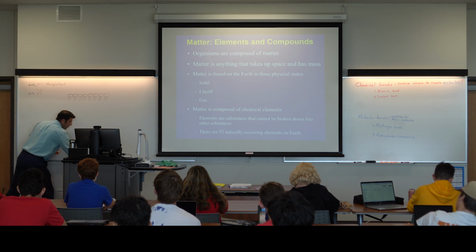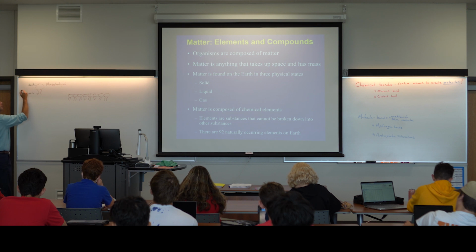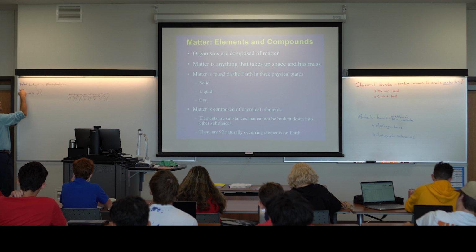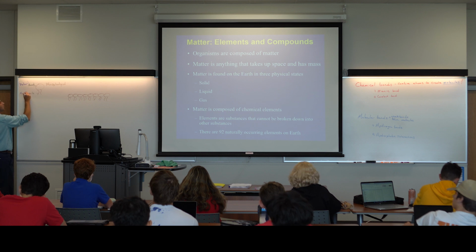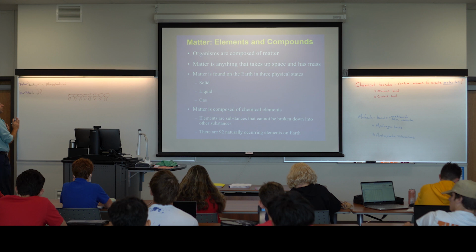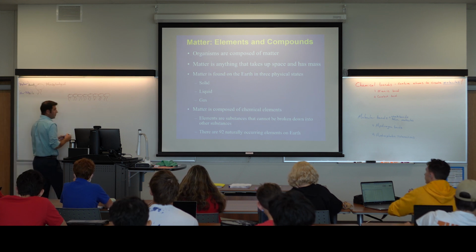What we can remember about those is the head of the phospholipid is going to be polar. We need to define what polar means. The head is polar. The tails are going to be non-polar. Tails are non-polar. Let's see where that's going to come back.